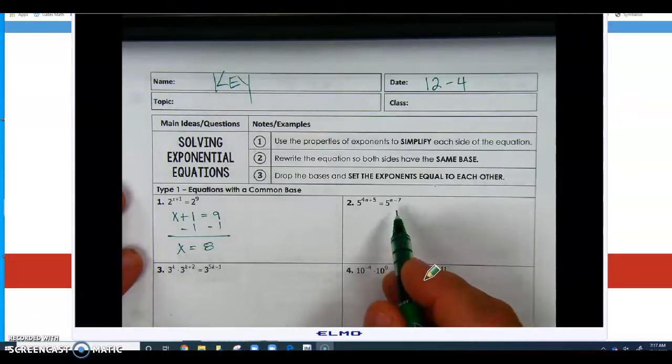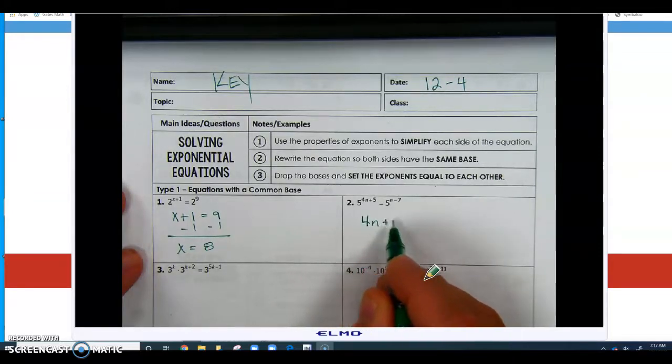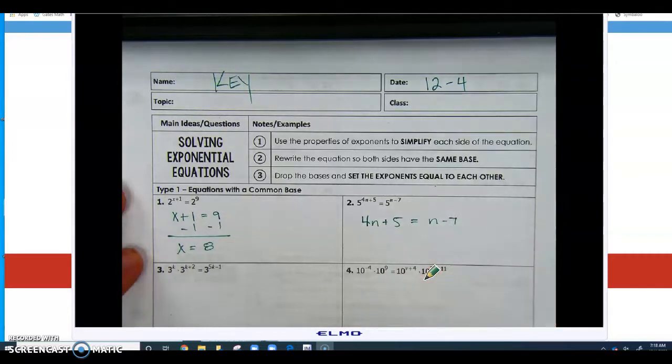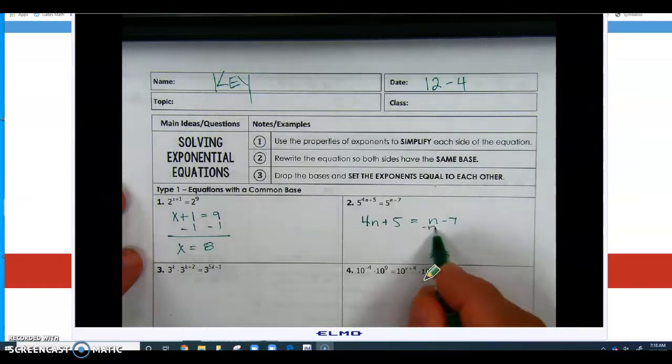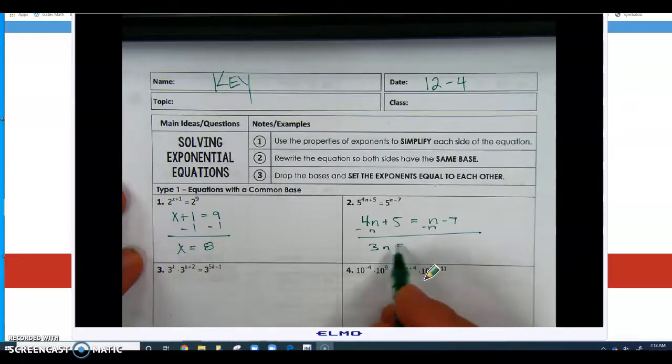Over here, steps 1 and 2 are already done, so I drop the base. 4n plus 5 equals n minus 7. Subtract n from both sides. 3n plus 5 equals negative 7.